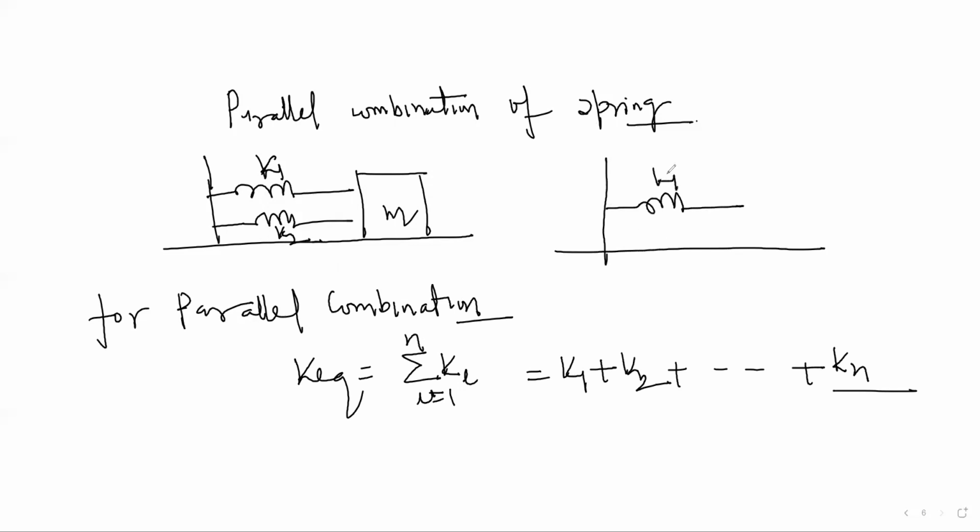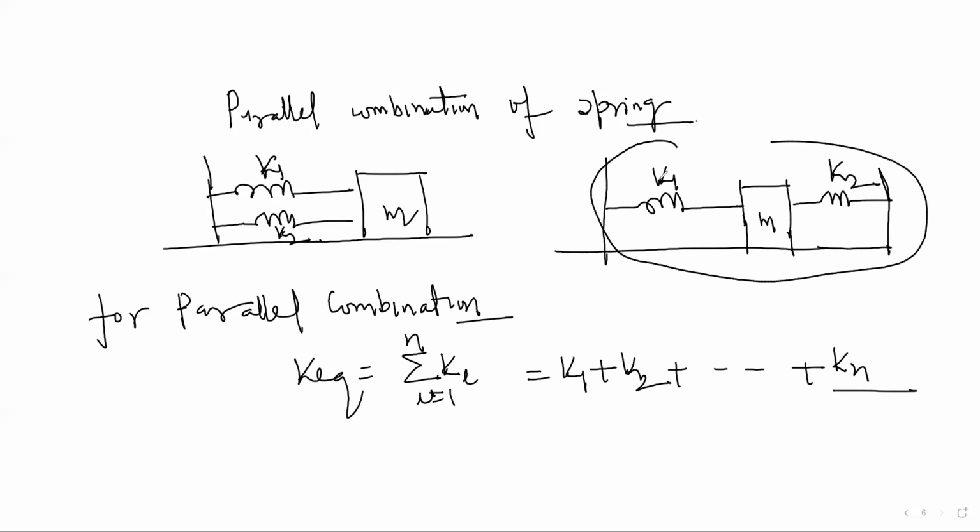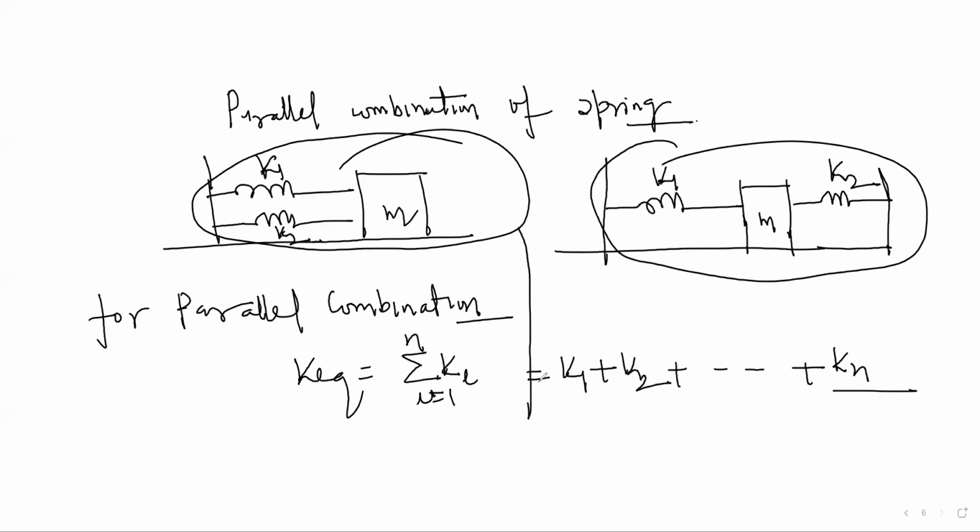This is K1, a block is attached to it, and this is K2. This one and this one are the same thing, and both are parallel combinations. So firstly, you will have to trace out what combinations are there.